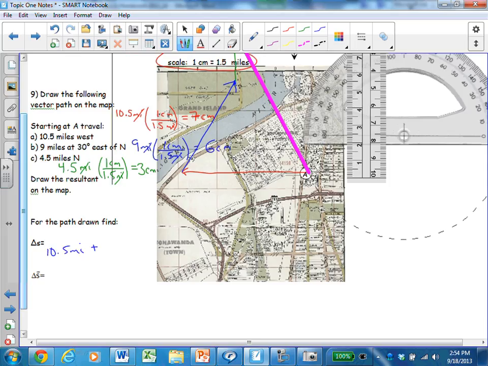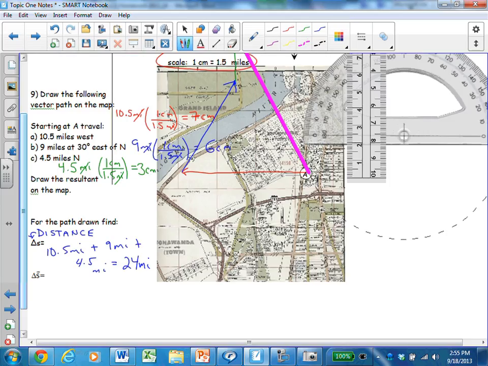And then we went 9 miles. And then we went 4.5 miles. So this is the distance. Delta S with no arrow means distance. The reason it's S, S is for space. Okay? So this is distance there. And the sum of that will give us 24 miles.